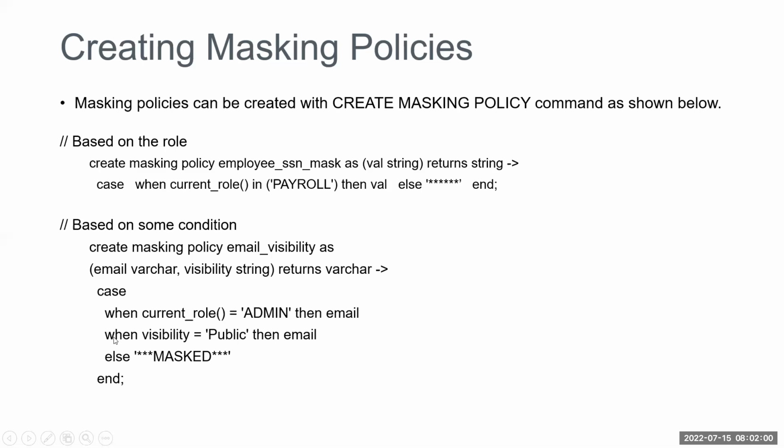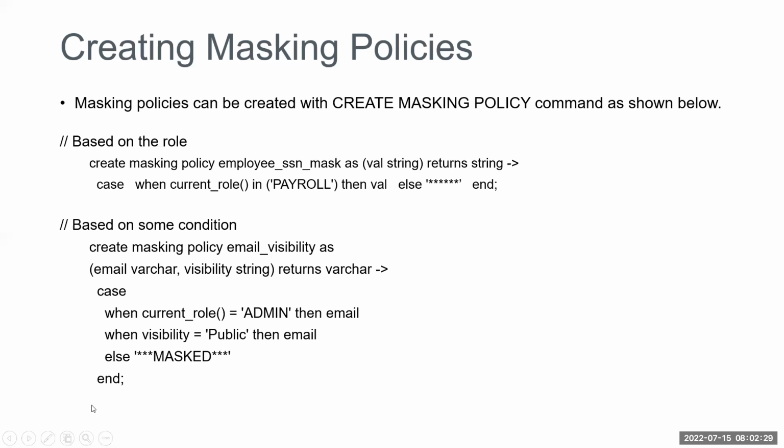And I have another condition: when visibility equals public. Visibility is a column present in the table. Or we can pass this as a runtime argument, but mostly it's a column present in the table, because we are applying the policies on table columns, right?